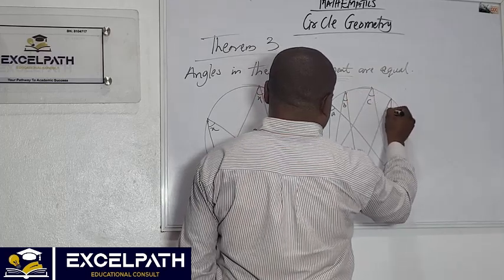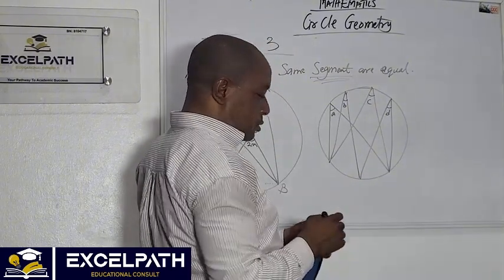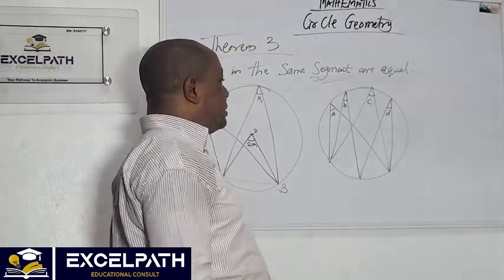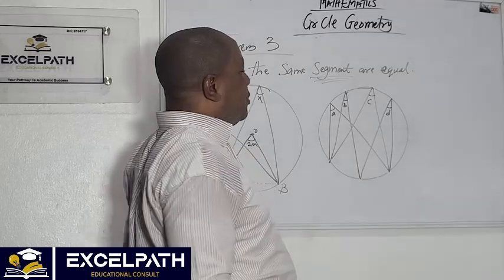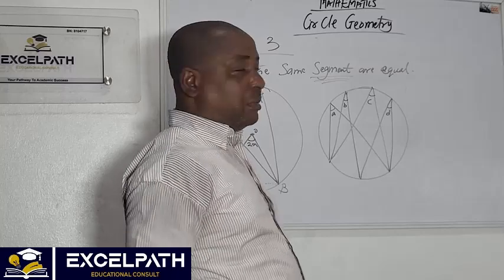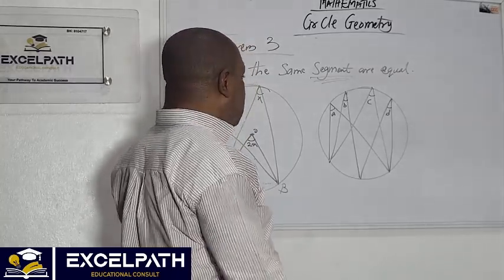Now let's work with these four angles. I have angle A, B, C, and angle D. Now, which one of these angles are equal, that is, belong to the same segment?